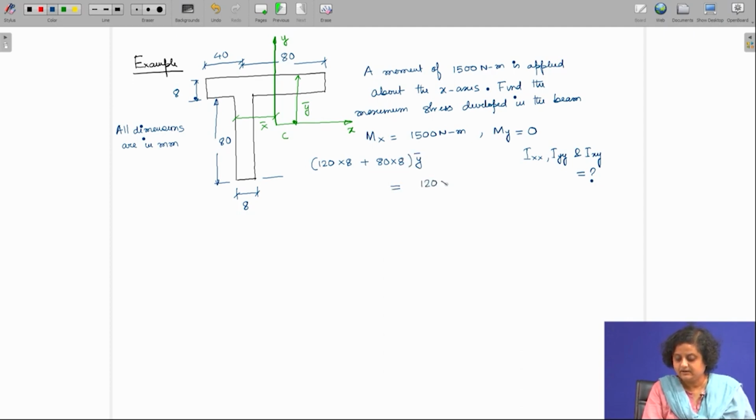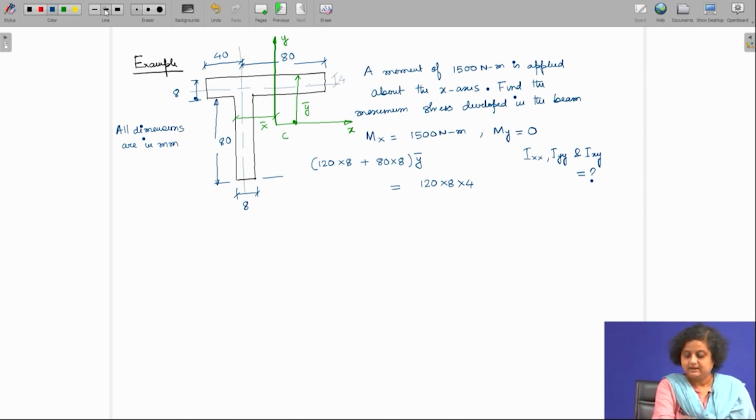120 into 8 into 4, that is this distance. So, this is the centroidal line and this is the individual portion. So, this is at a distance 4.